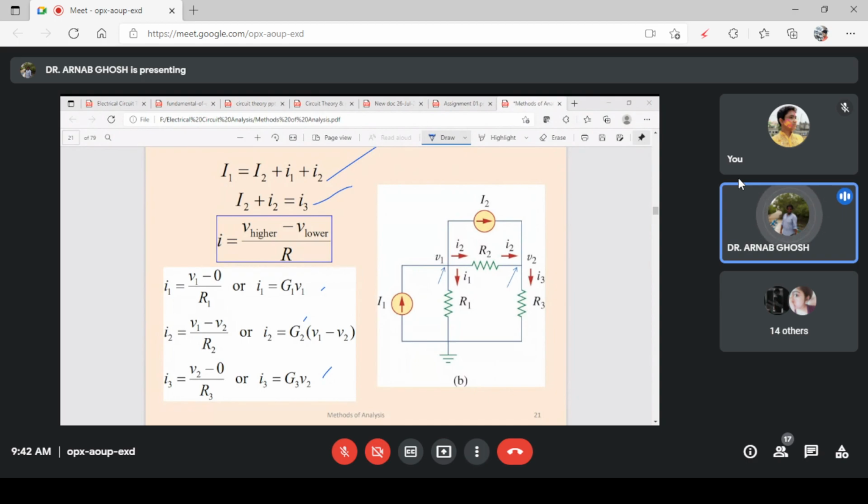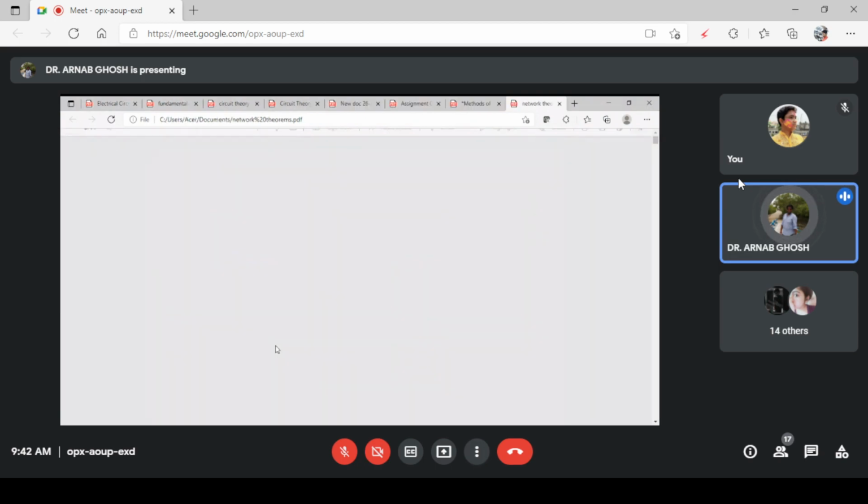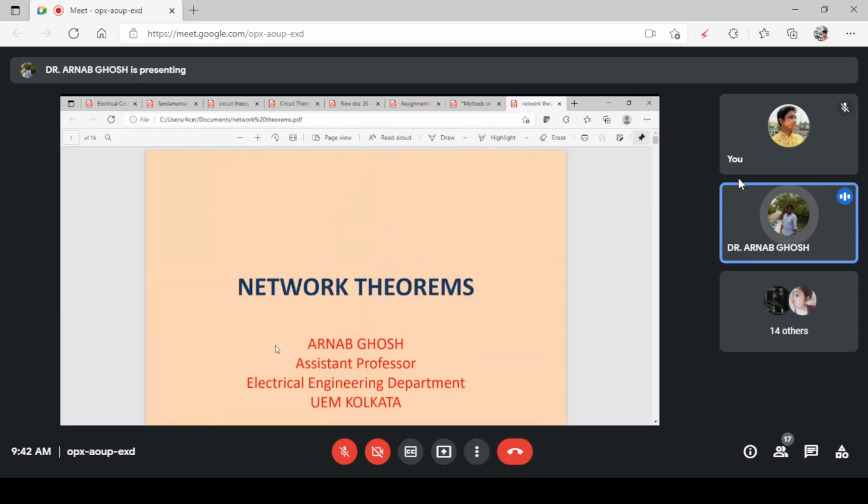And if there are independent voltage sources, you will opt for mesh analysis. This is the first point. Second point is that you have to find out if there is a super node or a super mesh. A super node means if there is a voltage source between any two nodes, then that is a super node. So if there is a super node, you have to apply nodal analysis.